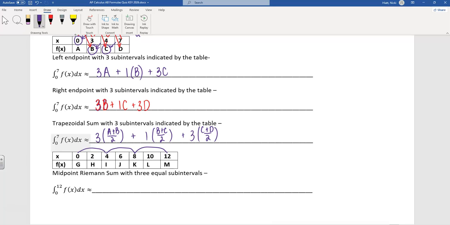So from 0 to 4, that is a distance of 4. So you would have 4 times the middle point, which would be h. And then your next one, from 4 to 8 is also 4, and multiply that by your middle one, which would be j. And then here we'll get 4 times L.